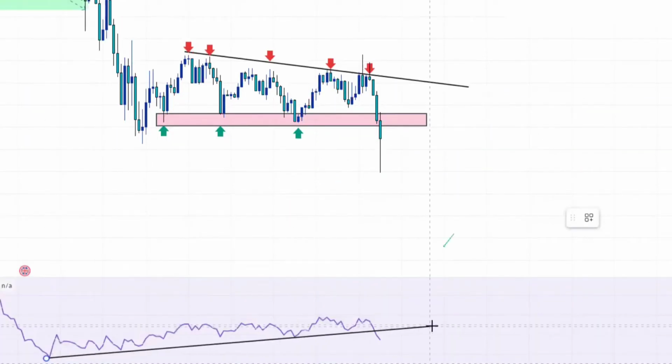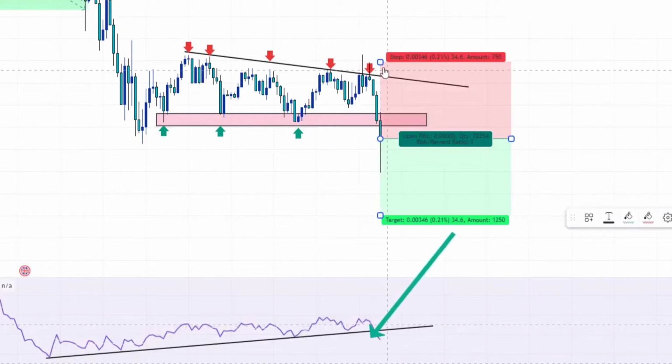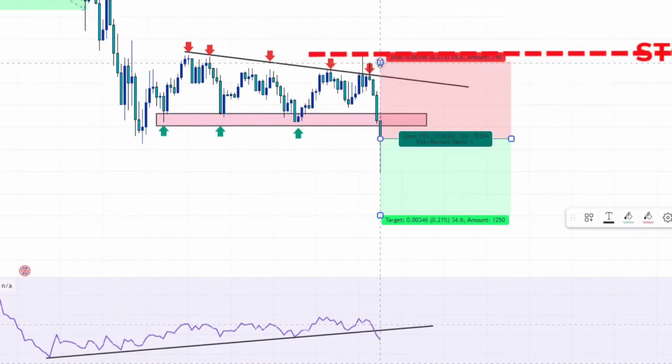RSI has also broken trend line. In this place we will place sell trade. Our stop loss will be at the last high of the market.